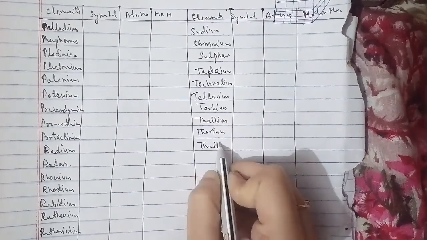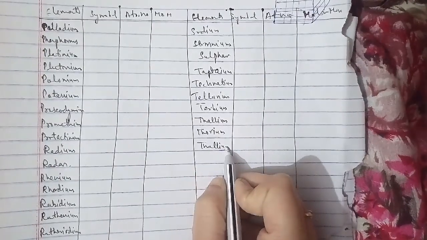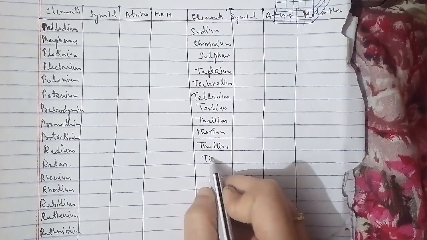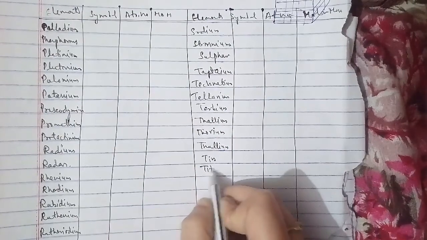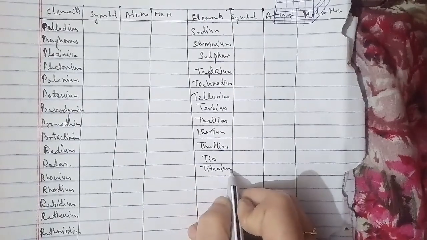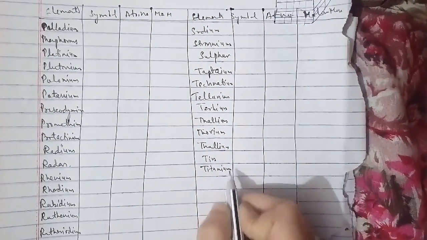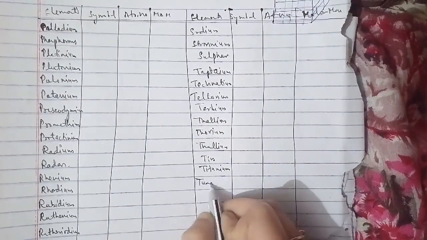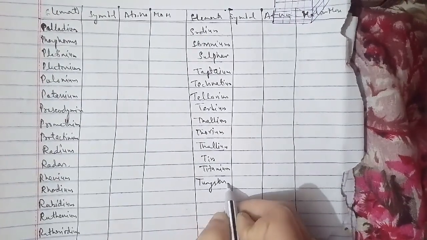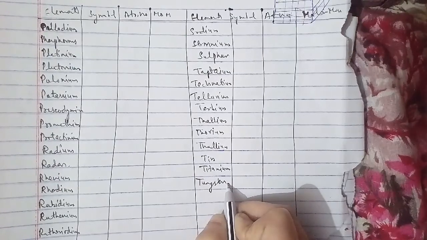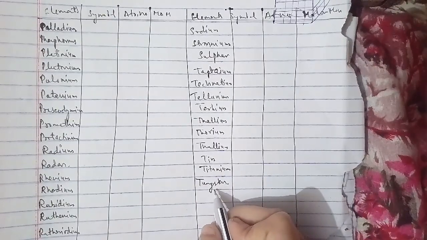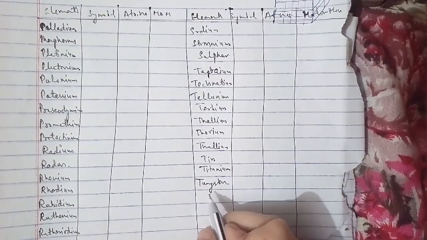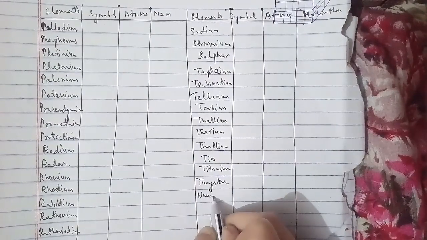For palladium, the symbol is Pd, the atomic number is 46, and the molar mass is 106.4. Then we have phosphorus, symbol P, atomic number 15, molar mass 30.97. Then platinum, Pt, atomic number 78.